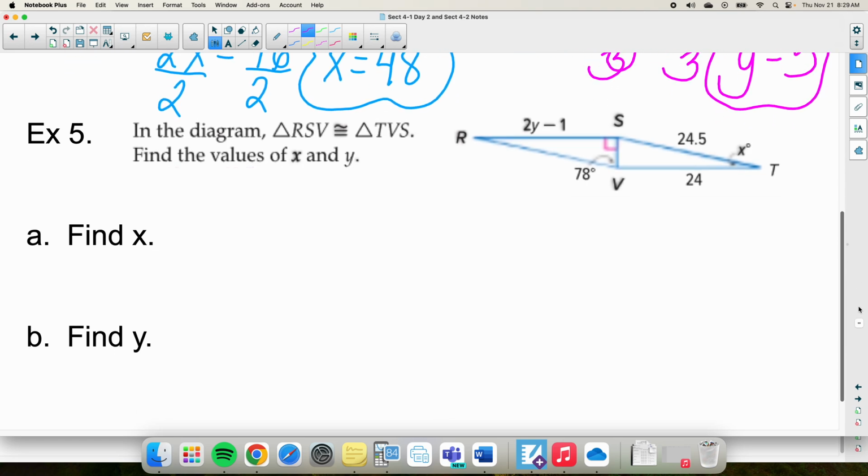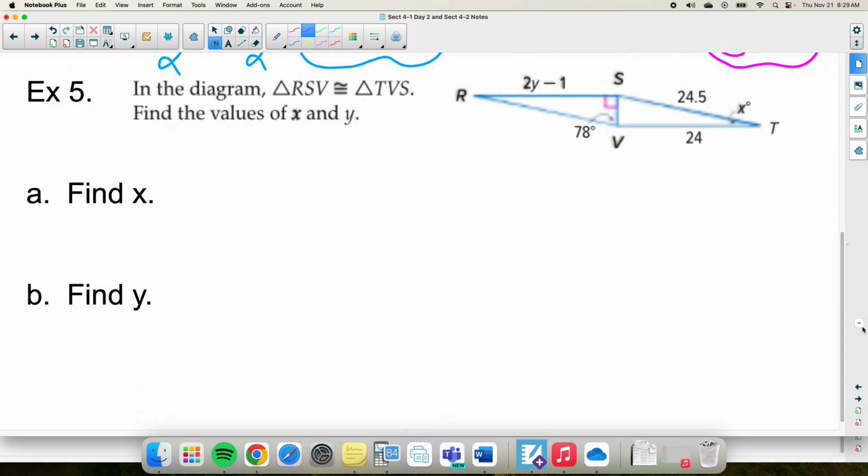Then if we go down to this one, notice that we know that RS has a y in it. So RS is the first two letters. That's going to equal TV, which is 24. Okay, so one of my things, I just have to say 2y minus 1 equals 24.